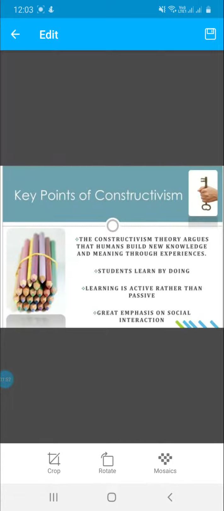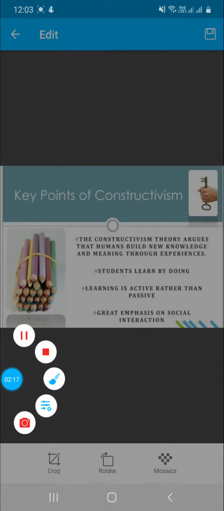They are active learners rather than passive learners, and they also emphasize social interaction. Actually, the constructivist approach basically depends upon collaborative learning. This approach binds different groups, different students in one.